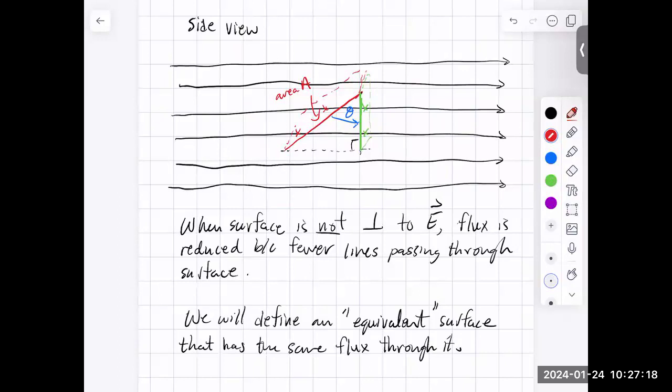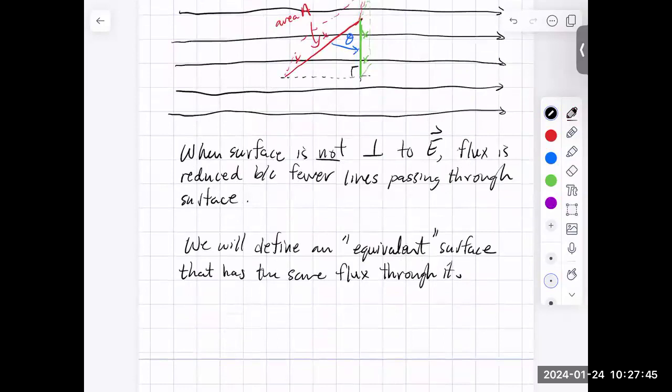All right, what's the relationship between the green line, the red line, and theta? What kind of trig function would we use to relate those? Cosine, right? The green line is adjacent to the angle, the red line is the hypotenuse, and it's the cosine that relates the two.